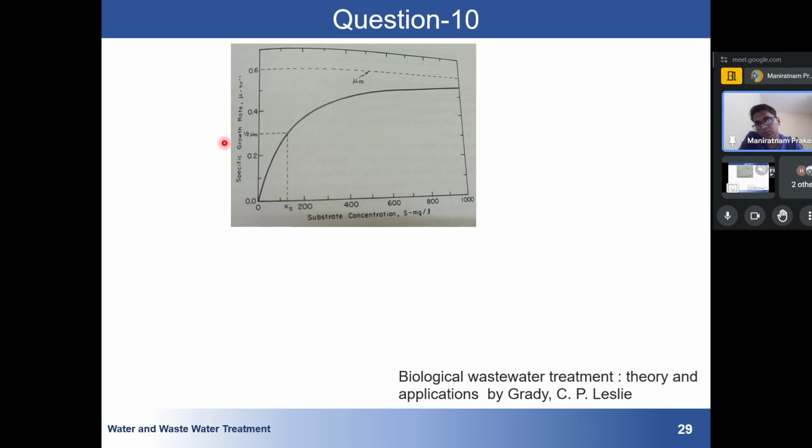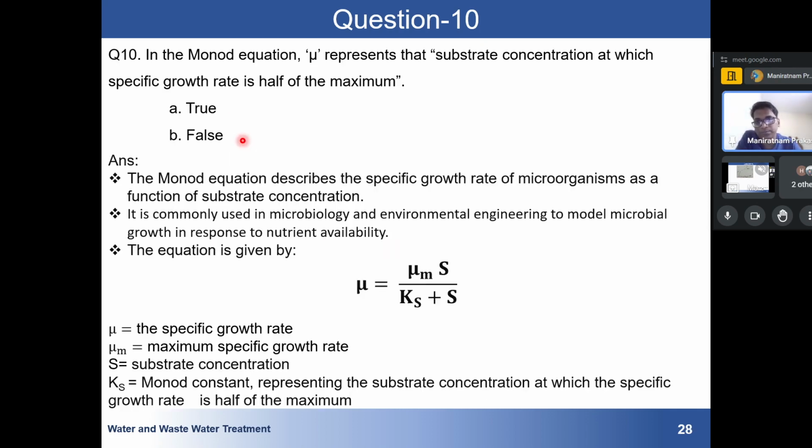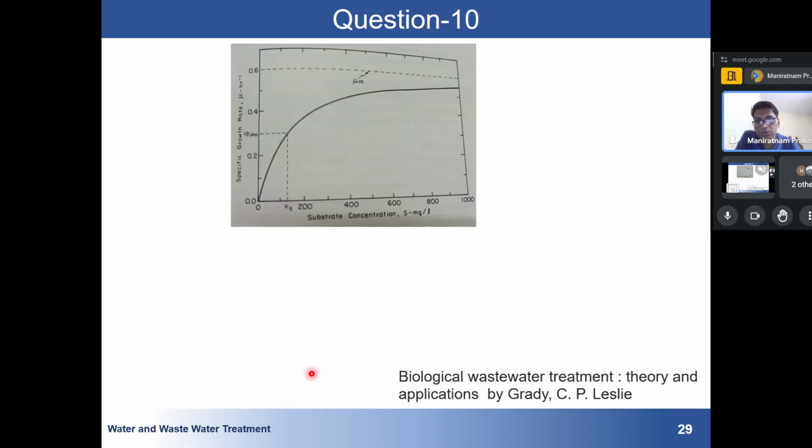This growth rate is like dS/dt. It is written as mu, but you can say it is dC/dt, meaning growth rate, since there will be some increase. It increases with substrate concentration up to mu_m, the maximum. Sorry, this Ks is the Monod constant.